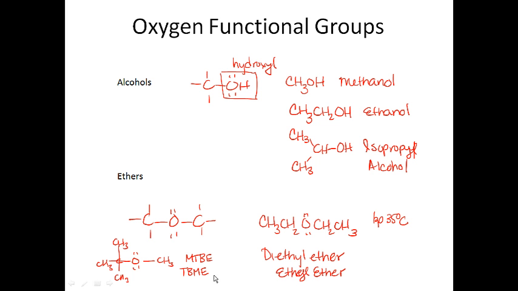This particular ether is actually a very popular additive to gasoline, along with, of course, the ethanol. It is added to gasoline to make it burn cleaner in our engines.